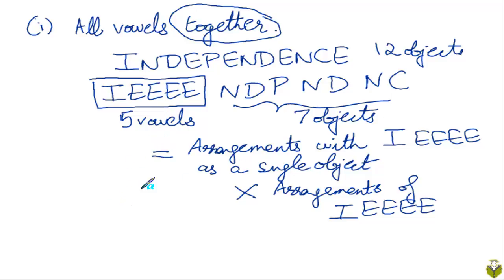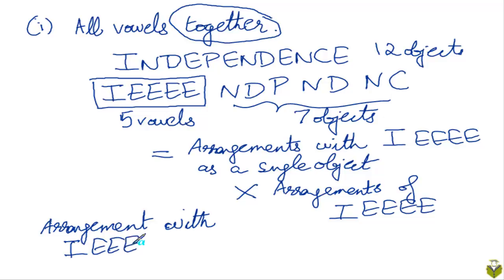So the first part is the arrangement with I, E, E, E, E as a single object. What is that equal to?